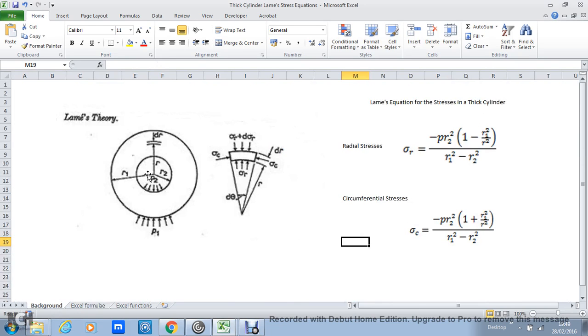What we're basically saying is, between the inner radius here and the outer radius there, I'm going to divide this into 10 equal intervals. And at each of those positions along those equal intervals, we're going to calculate sigma r and sigma c, the radial stress and the circumferential stress.